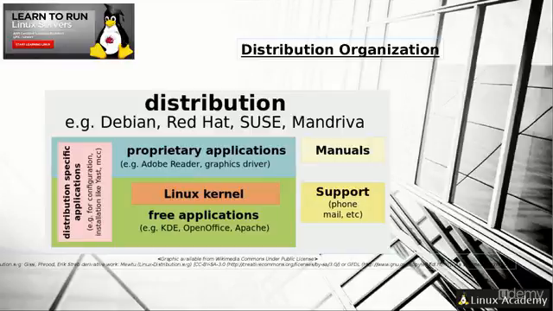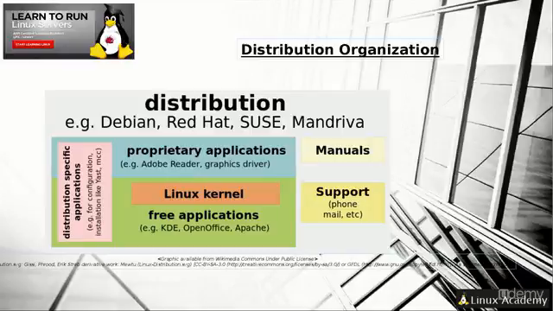Most common applications for that are applications like anything from Adobe, whether it be Flash or the Adobe Reader, your graphics driver for NVIDIA or ATI or even Intel, although Intel is much better at releasing the source code for their drivers, sound card drivers from companies like Creative Labs, etc. Those are either applications or drivers that do not come with freely distributed source code and run in binary packages.